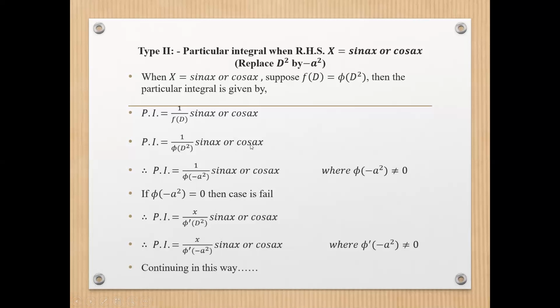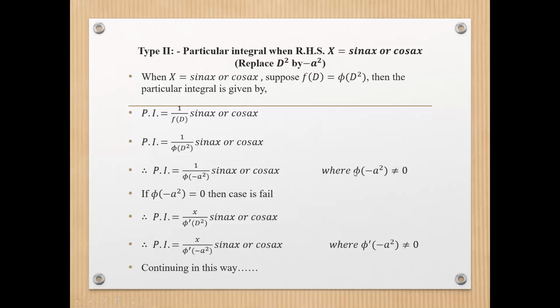Either sin ax or cos ax, one of them, not both. The same thing we have to follow for both. We replace D square by minus a square. So the particular integral is equal to 1 upon phi of minus a square, into sin ax or cos ax.